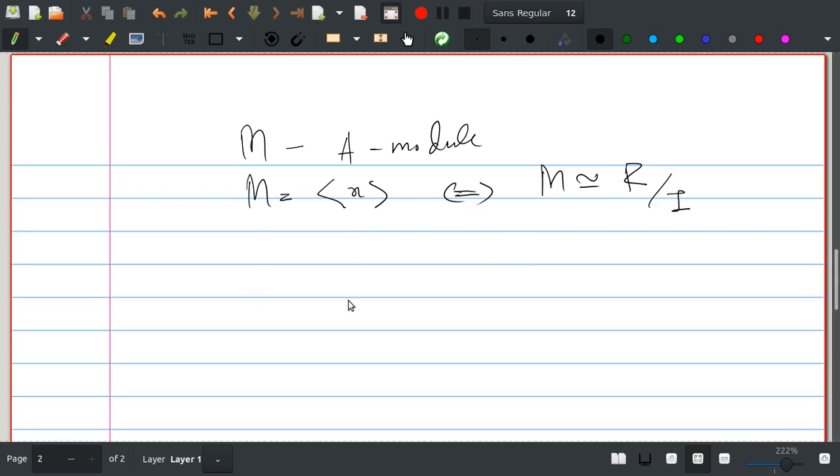What would happen if this M is finitely generated? So let us call this a proposition.